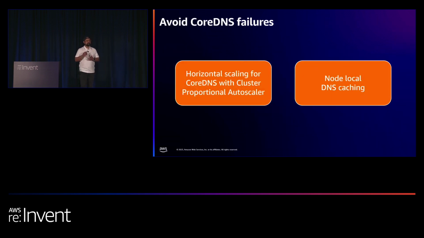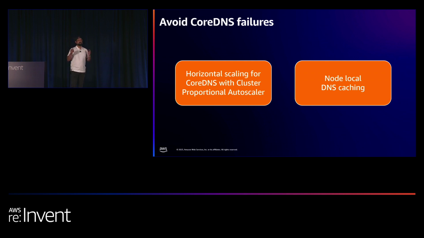Now, the other thing that we tend to see from the customers when they are running at scale is unknown host exception from CoreDNS. This is a very common thing. One way you can avoid this issue is using horizontal scaling for CoreDNS with a cluster proportional autoscaler. What normally happens when you deploy CoreDNS is that by default it comes with 2 pods for your EKS cluster.